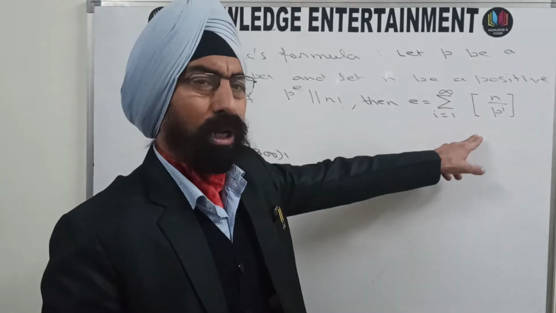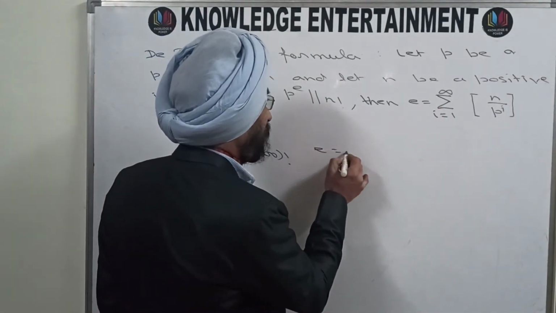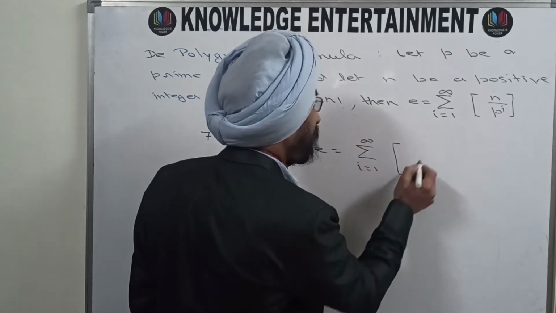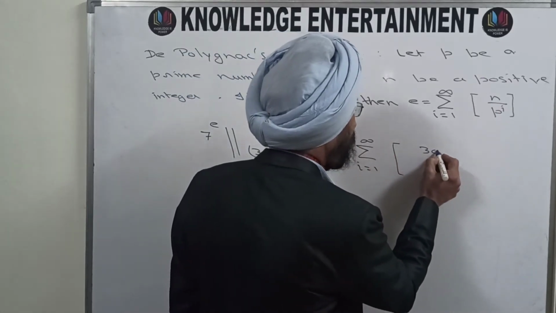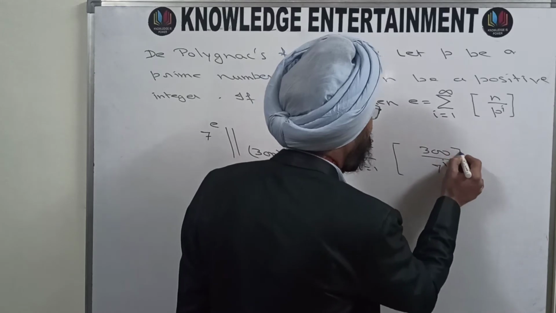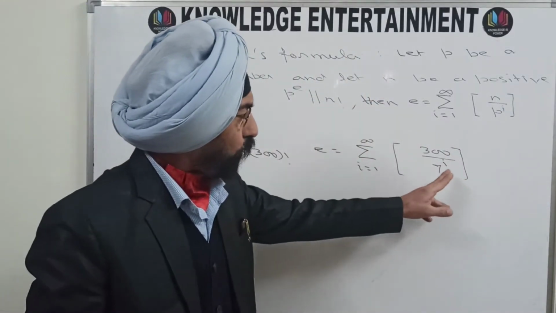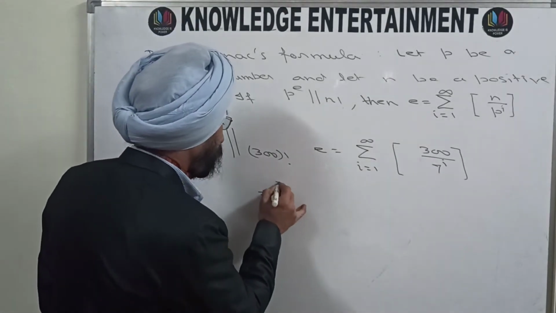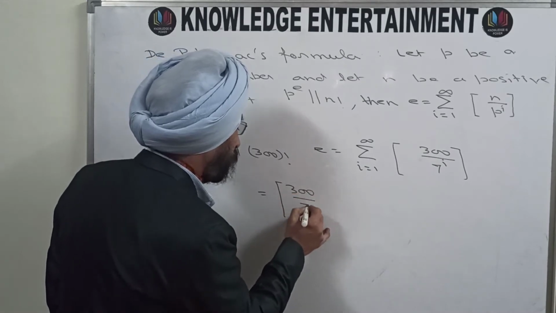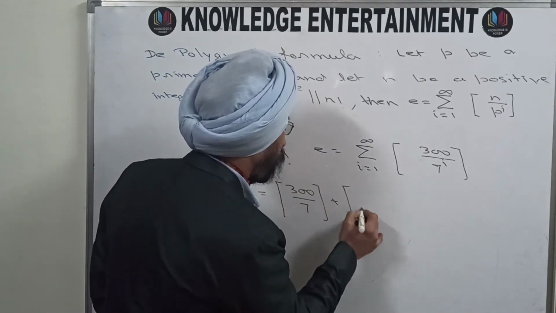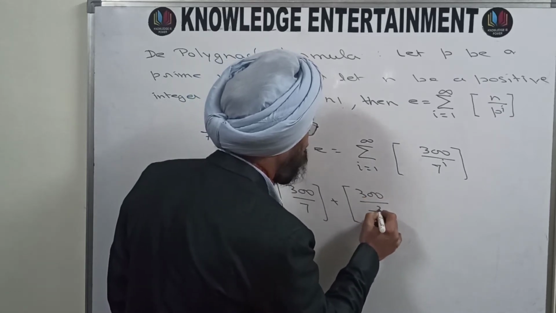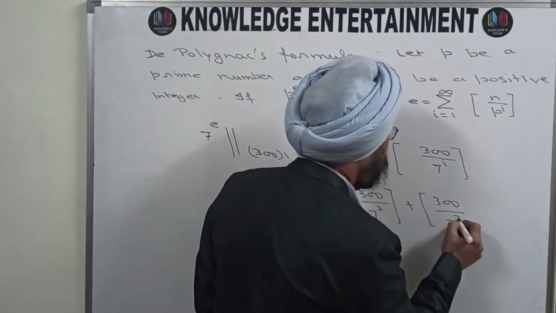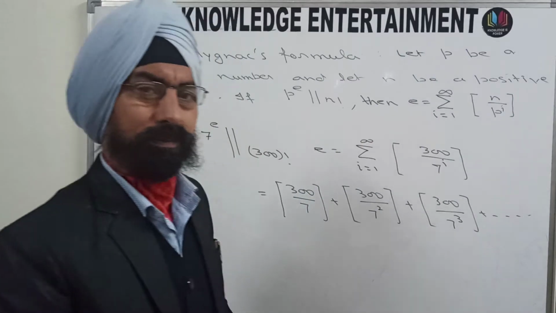From this formula, e will be equal to sigma i varying from 1 to infinity of floor of 300 divided by 7 raised to the power i. Now put the values of i equal to 1, 2, 3, 4 and so on. What we are going to get is floor of 300 upon 7 plus floor of 300 upon 7 square plus floor of 300 over 7 cube plus and so on.